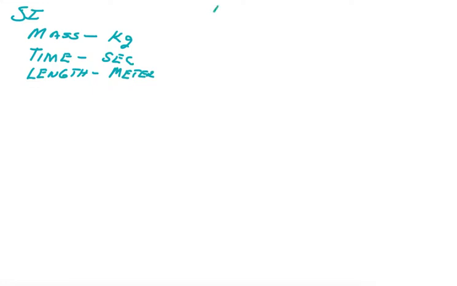When you go to the English system, or the engineering system, whichever you want to call it, units of mass is a slug. So the question is, what the hell is a slug? The units of time are the same, seconds.